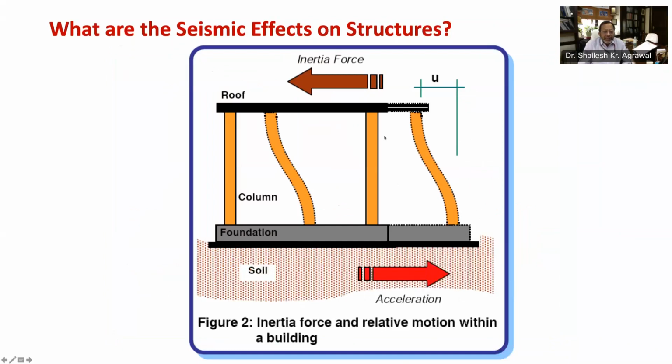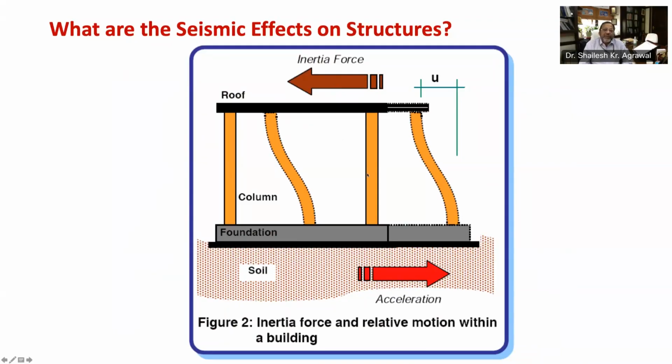Now let's see in this figure 2, which shows roof is supported by these columns. So when the ground moves like this, the building is thrown backwards and roof experiences the force due to its inertia. And this force is called inertia force. According to Newton's second law of motion, this inertia force is equal to mass of the roof, let's say capital M, multiplied by the acceleration which the ground experiences.